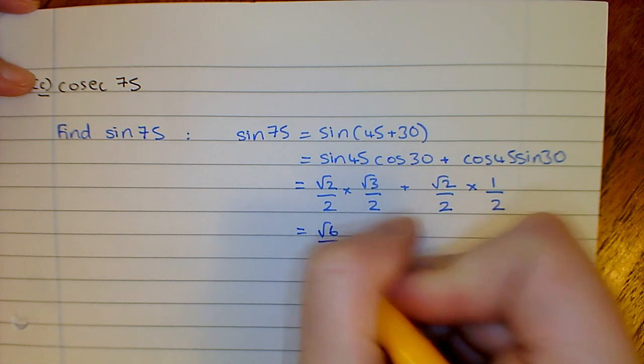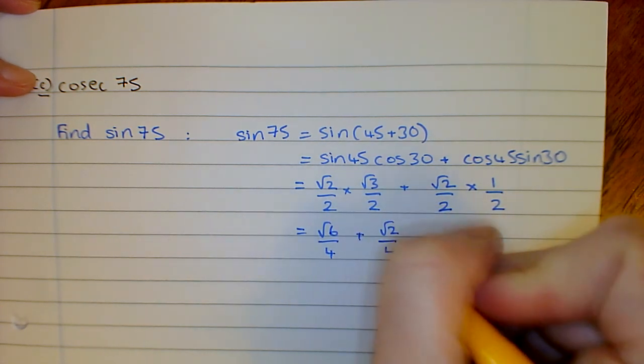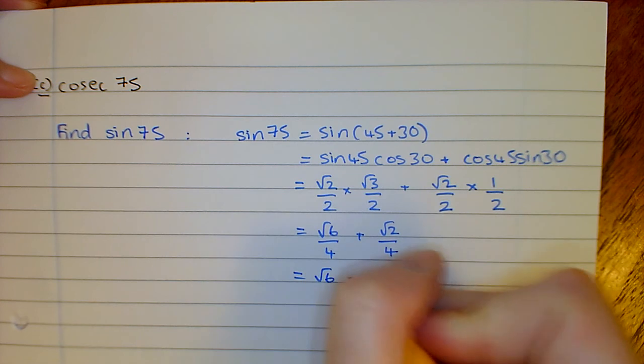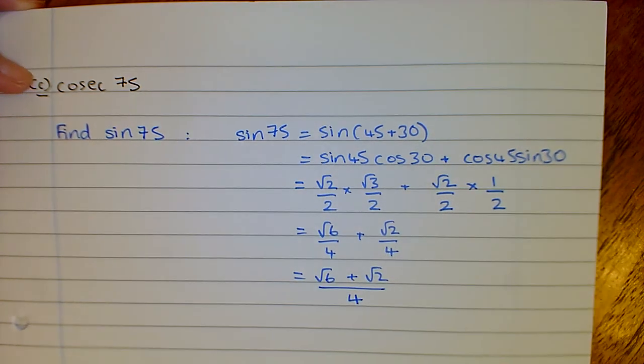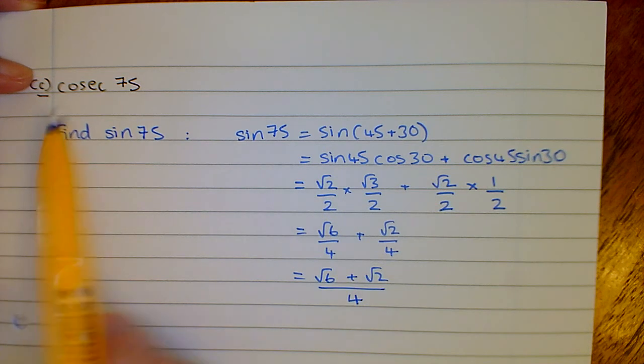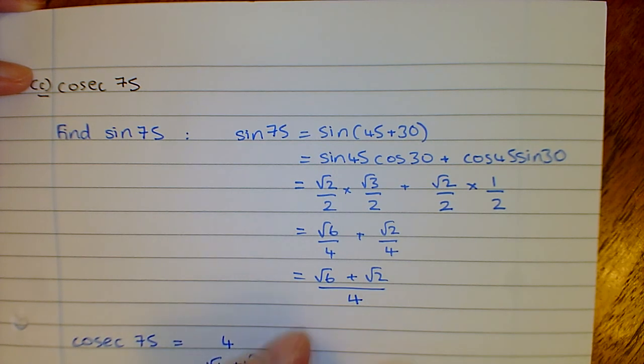So that becomes root 6 over 4 plus root 2 over 4, or root 6 plus root 2 all over 4. So that's what sine 75 is. Cosec then is the reciprocal of it. So cosec 75 is 4 over root 6 plus root 2.